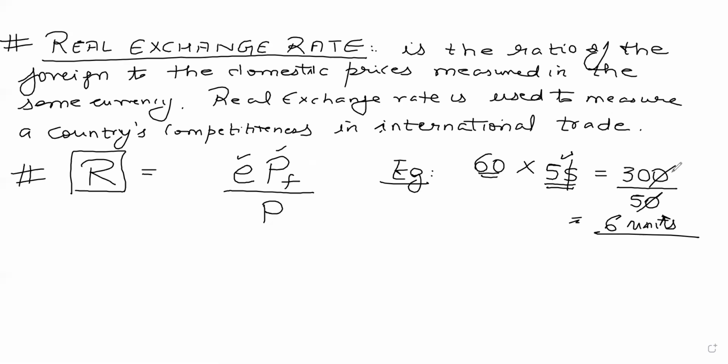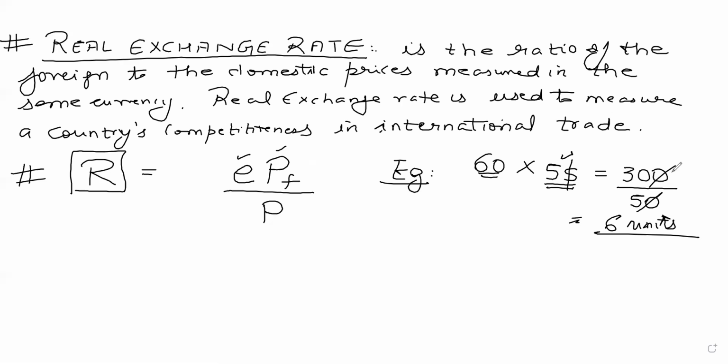Okay, so hoping that students have understood this example in some sense. PF denotes the price abroad. You multiply by the nominal exchange rate, you get the value in terms of domestic currency. You divide it by the domestic price level, you get the real exchange rate or the purchasing power in the domestic country.